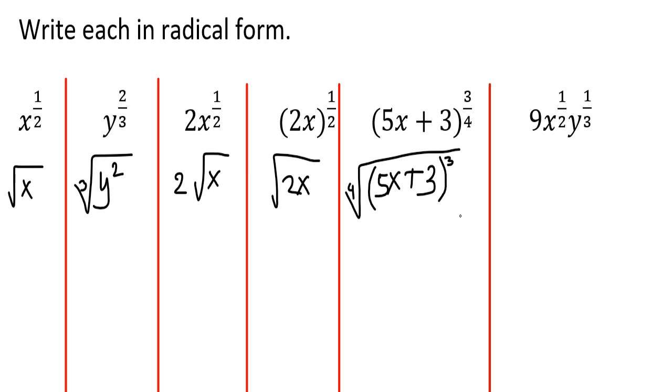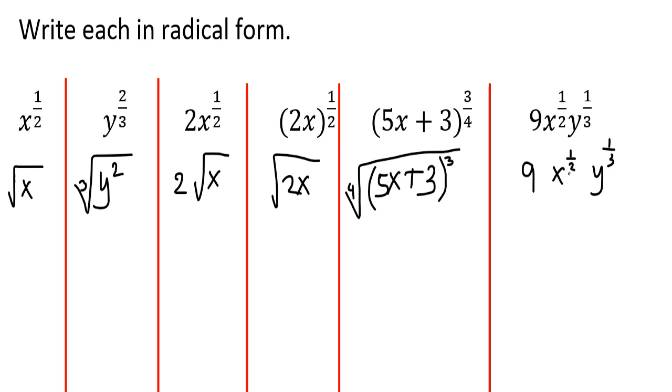Next, 9x raised to 1/2, y raised to 1/3. So, magkakaiba na sila ng exponent. I-separate natin sila. So, it is 9 and then x raised to 1/2 and then y raised to 1/3.